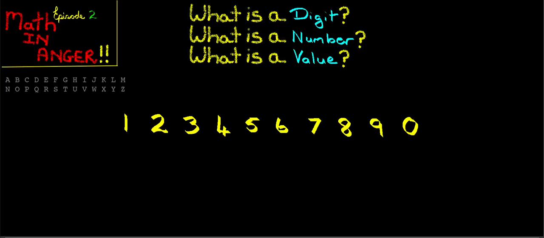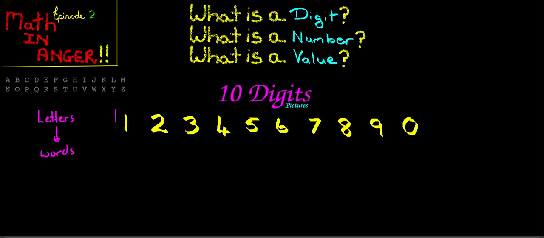But just as important as that is, there's another thing that is almost more important. And that is the fact that there are 10 of these pictures. Now, in the same way that we use letters from the alphabet in order to make words, each one of these pictures is called a digit.